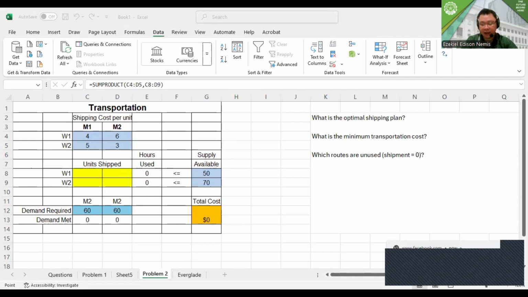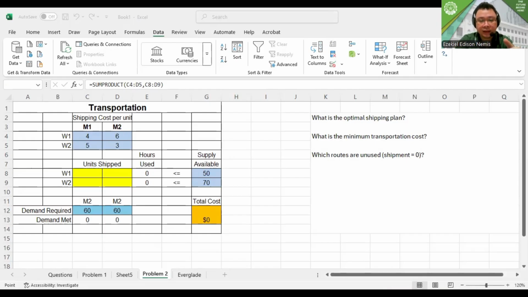Then we have C9 and C10. Okay, let's do this. Balik tayo doon. Sorry. All right, so let's go to solver.